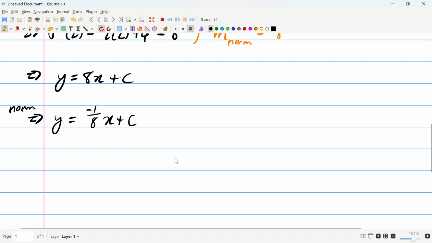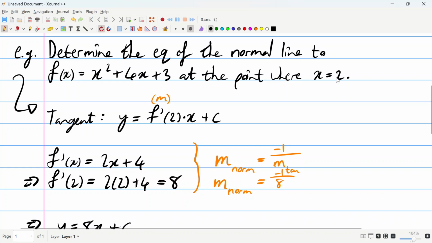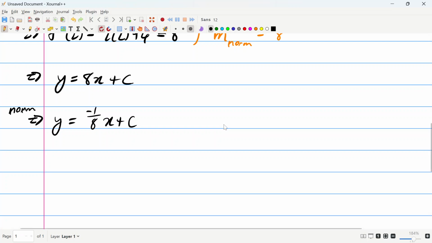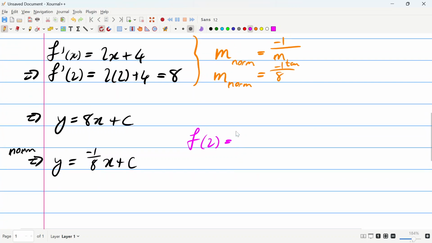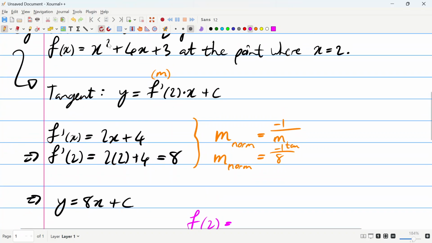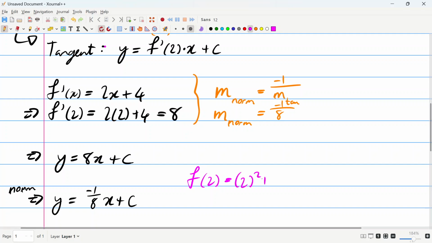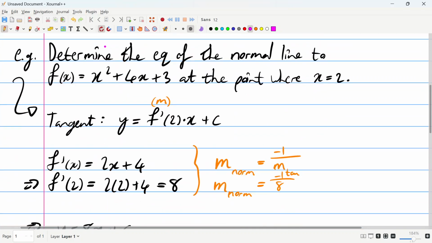And do we have the points on the graph? Yes, we have x equals 2. We just need to find y. Okay, so in order to find the y value, we need to determine f of 2, the output for that coordinate. So f of 2 is just going to be wherever we see x, we replace it with 2. So it's going to be 2 squared plus 4 times 2 plus the constant, which is 3.